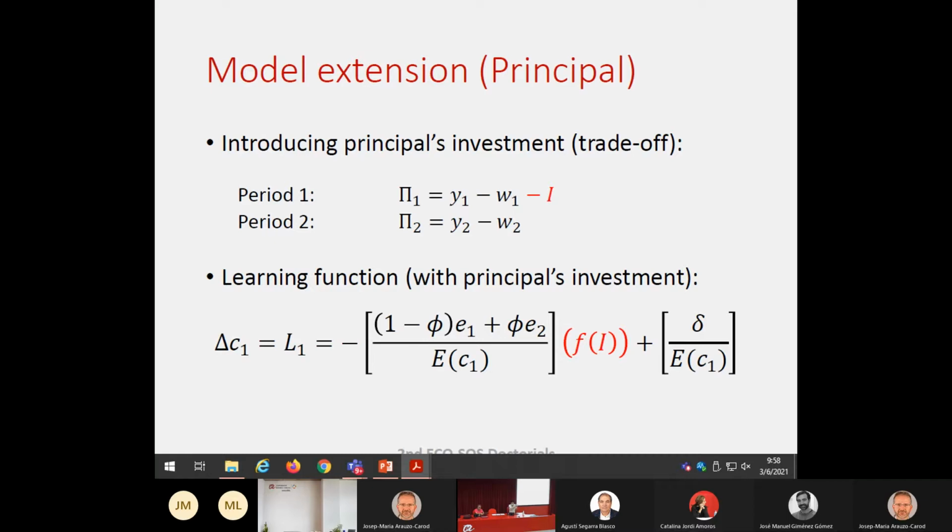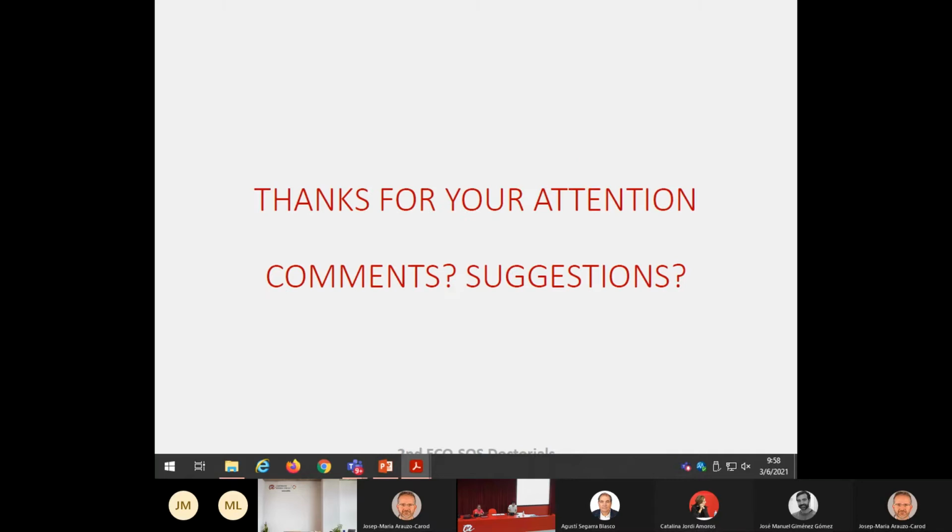And somehow, and we are just developing it right now, this is work in progress, a function of the principal investment will enter into the learning function, affecting how the effort of the agent affects this cost variation. This is the point that we are at right now, trying to convert ideas into formulations and specifications. And well, thanks for your attention.